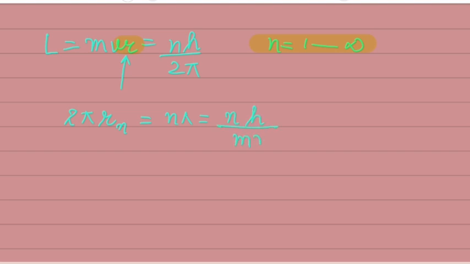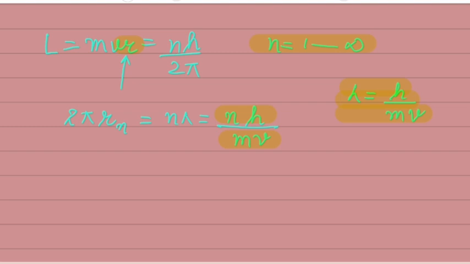Here you can see that this is an important relationship which we have got. But something else we have also got, that is the value of lambda. The value of lambda is h upon mv, and many times questions have been asked based on this only: if lambda is this, then what is the mass of the electron, given that the velocity is this, or what is the velocity of the electron if the mass is this.